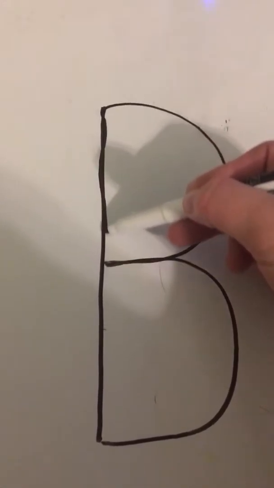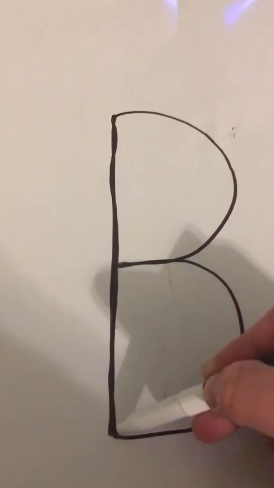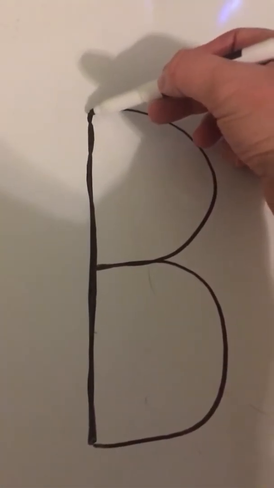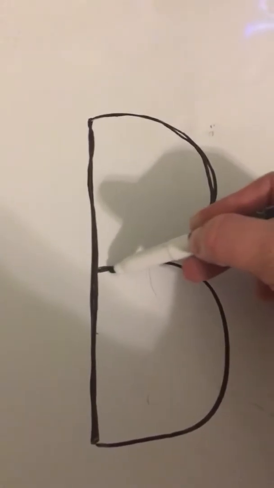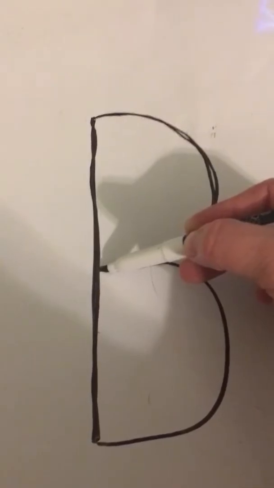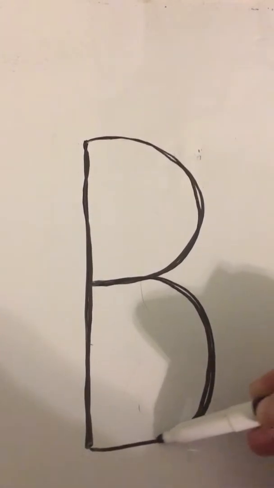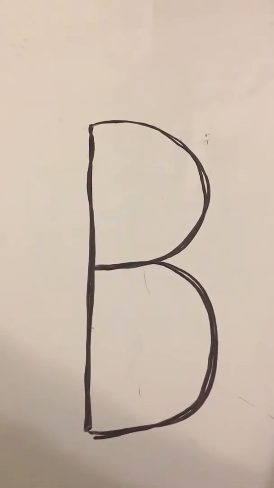Big line down, ribbit, back up. Little curve from the top to the middle. Keep your hand down and go right to make another curve, middle to the bottom. Letter B, balloon, B.